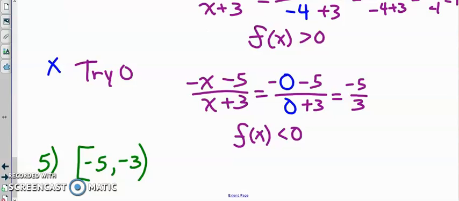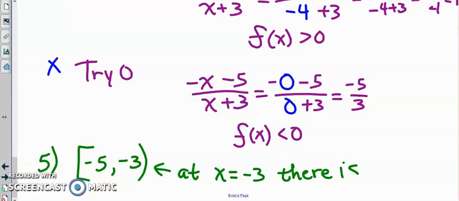And again, remember, at x equals -3, there is a vertical asymptote. And so once you have a vertical asymptote, you know it's not equal there, so we have to have the parenthesis there. All right, and that's it. That's the whole thing. So we've done all of it. We've graphed them out. We've actually done it algebraically. And so now we're done.